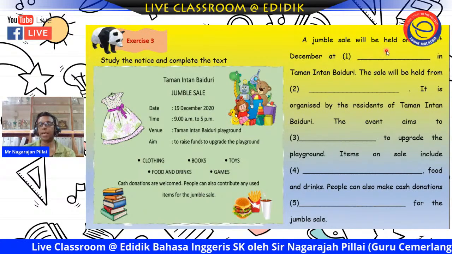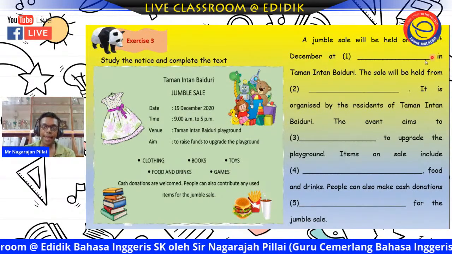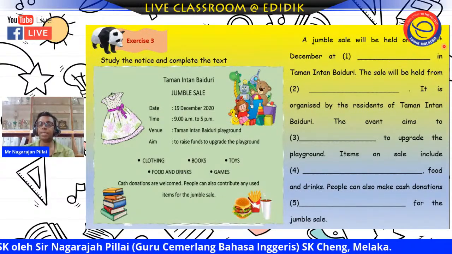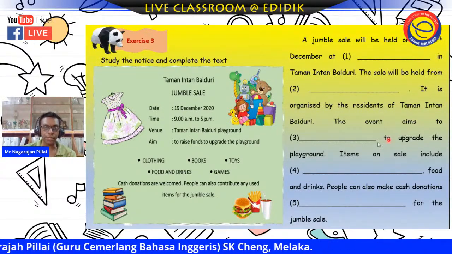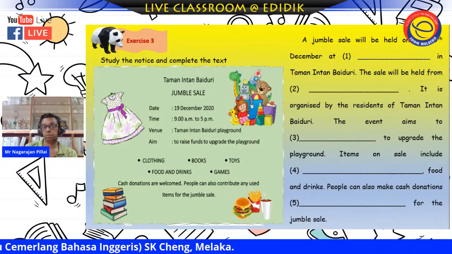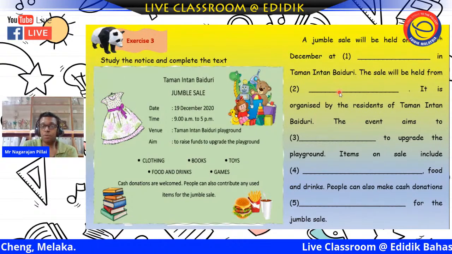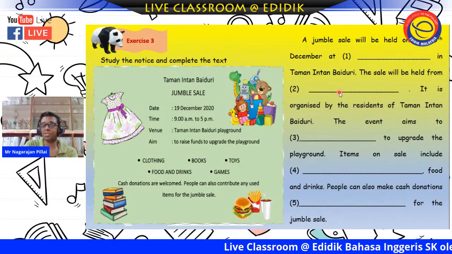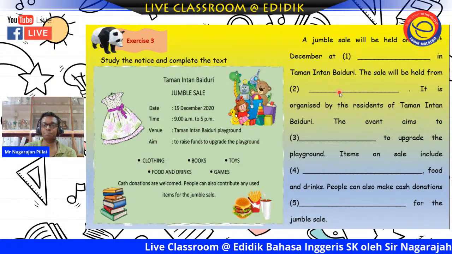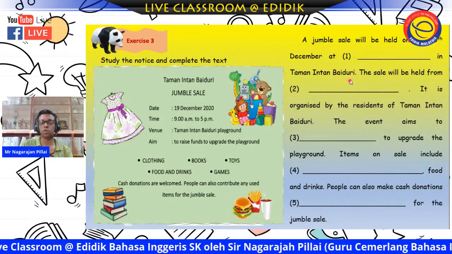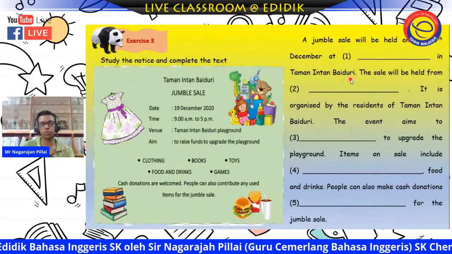A jumble sale will be held on the 19th December at, finish the sentence, blank in Taman Intan Baiduri. Okay. So if you asked me earlier, if I were you, I would say the answer for number 1 is Taman Intan Baiduri. But you see, Taman Intan Baiduri is already in the sentence, so I can't use it again.